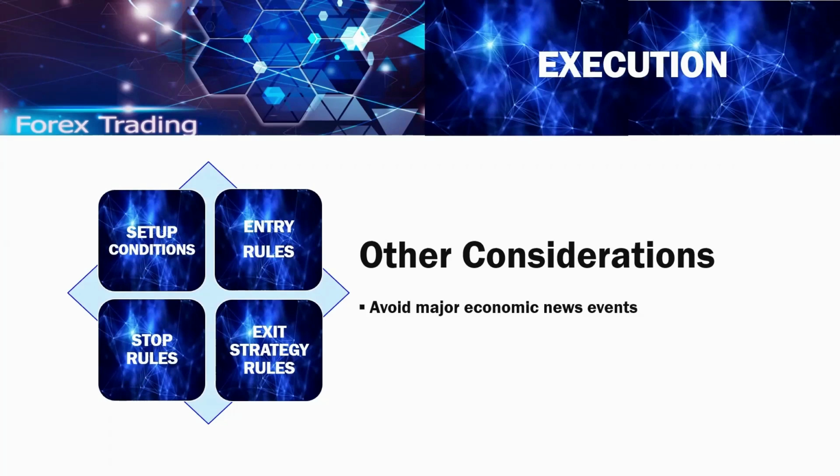You can add in other steps to suit your trading style. For example, day traders may wish to avoid taking positions right before major economic news are released. In this case, to take a trade, check the economic calendar and make sure no such events are scheduled for while you're likely to be in the trade.